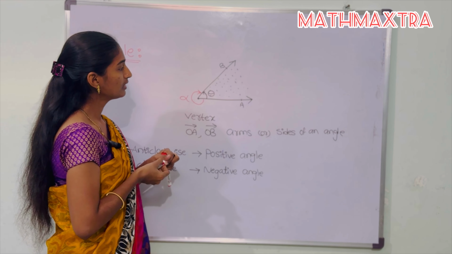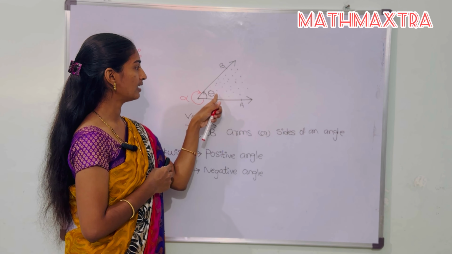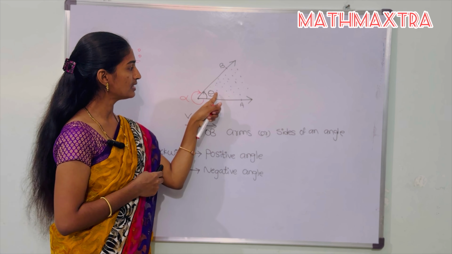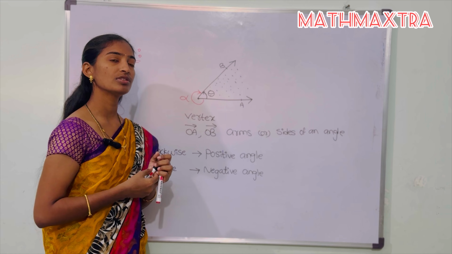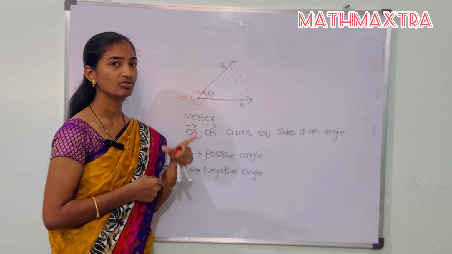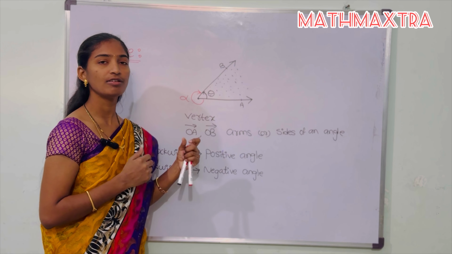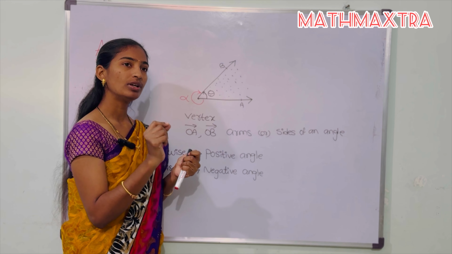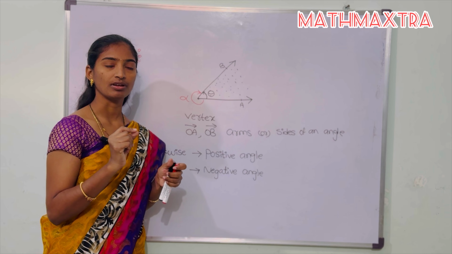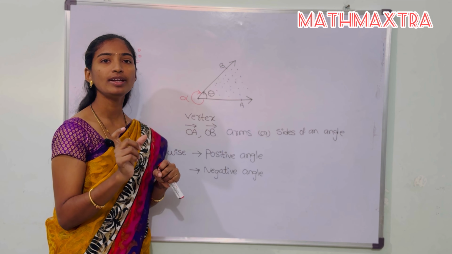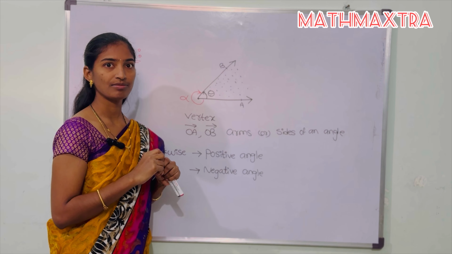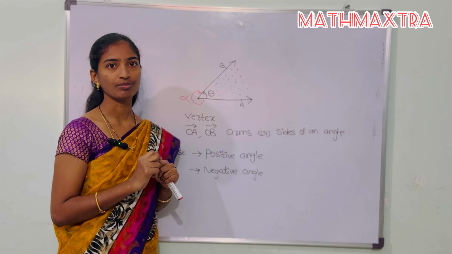And this theta is a measure. Sometimes it is 10 degrees, 20 degrees, 30 degrees and so on. We use units as degrees sometimes, grades sometimes, radians sometimes.